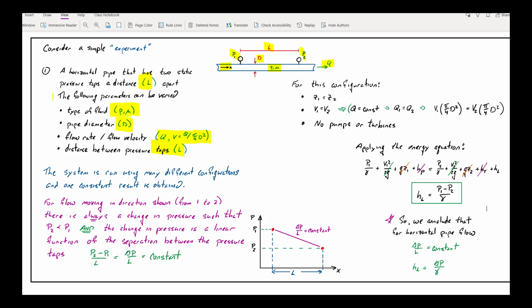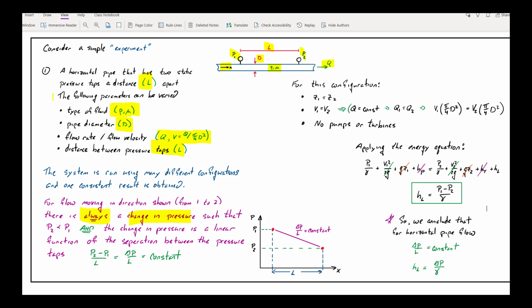If we vary all of these parameters, what we find is that for flow moving in the direction shown, from left to right, there's always a change in pressure, always.